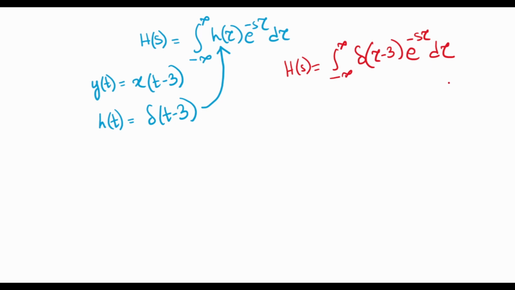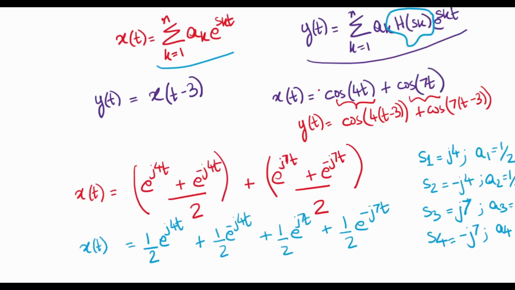Now using the shifting property of the delta function, we know that this integral exists only at tau equals 3. Thus, the eigenvalue H of s is simply equal to e to the power minus 3s.